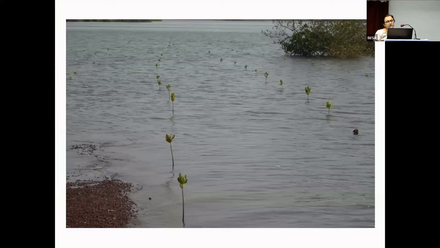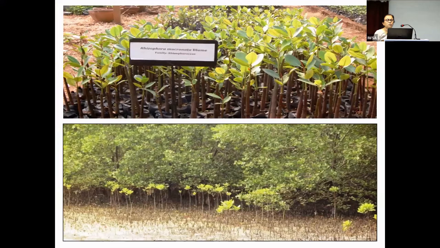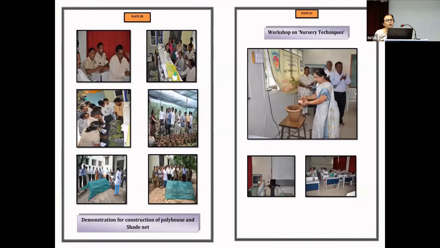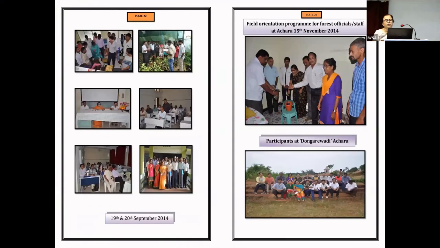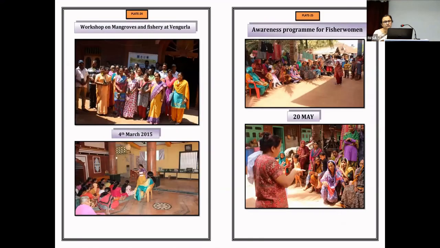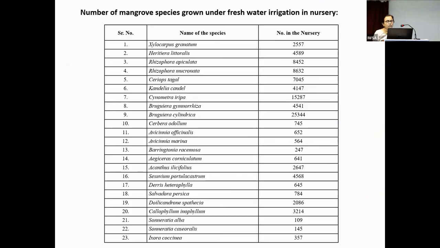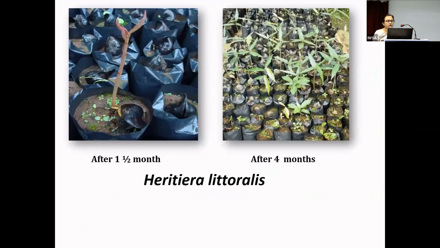And now you can see here beautifully established, surviving plants. And these are the workshops and the awareness programs on various themes, nursery techniques, field orientation programs for forest officials and for students, at Vengurla, Achra, Malvan, Devgad, etc.